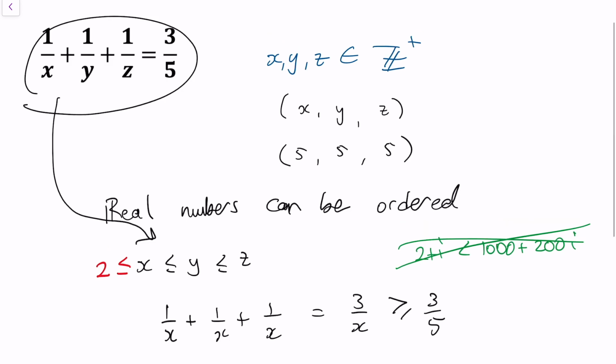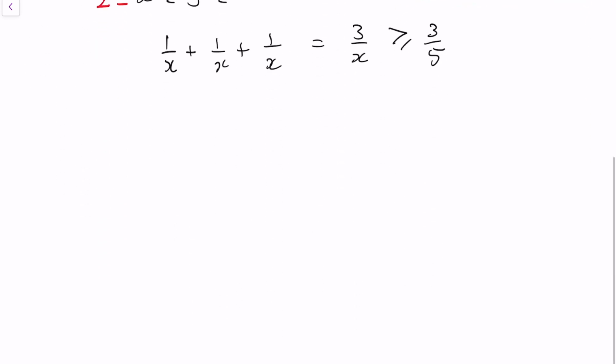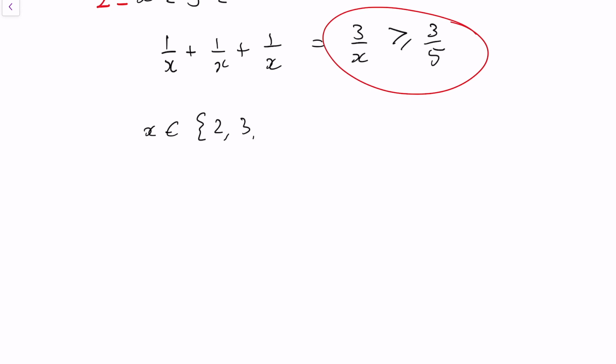Now, looking at this inequality, we know that x must be an element of the set consisting of 2, 3, 4, and 5. It can't be bigger than 5, otherwise it would violate this inequality.